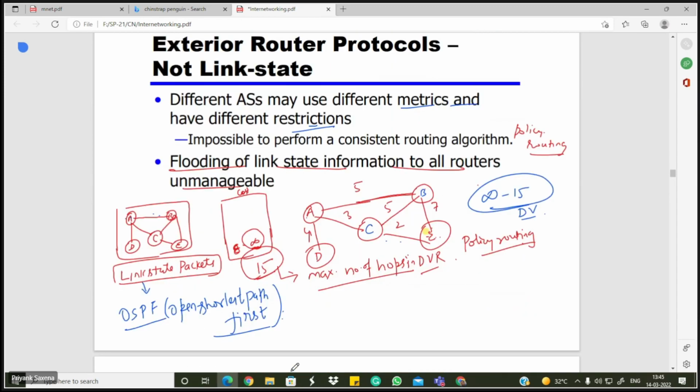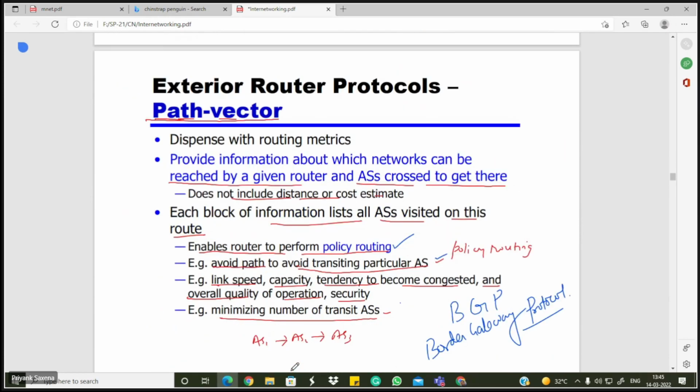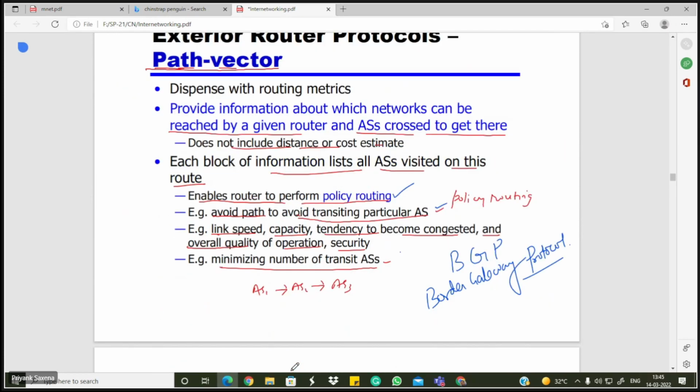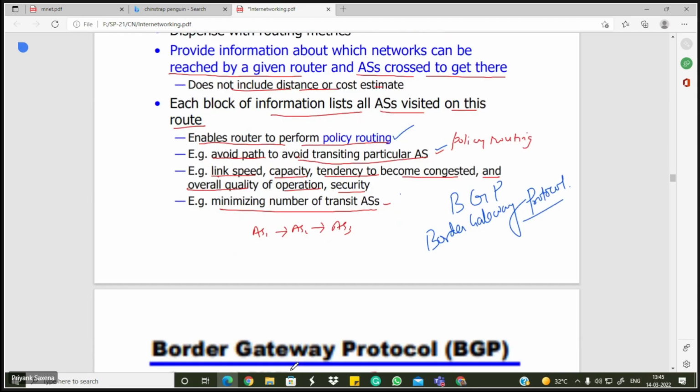So I told you what the difficulties are in choosing it as an exterior routing protocol. Exterior routing protocols are those which exchange information between two autonomous systems, right? Inside an autonomous system, there will be one routing algorithm, and between two autonomous systems, the algorithm will be different, right?